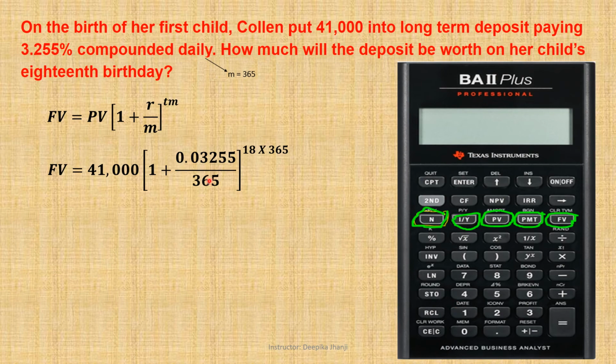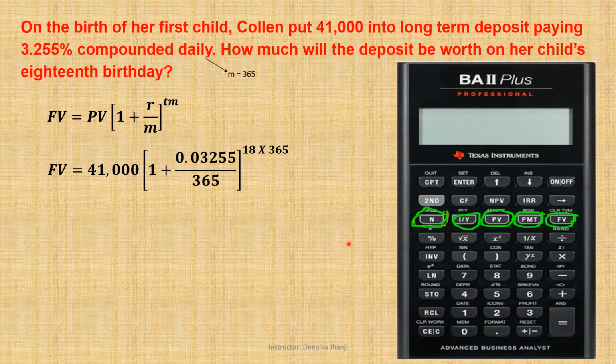Now next, 0.03255 divided by 365 plus 1, and then use the feature y raised to power x. When you press this, because you want to recall this product, you will use the RCL key. This is for recall. And what do you want to recall? Your stored value at 1. So you'll press recall 1. Your screen will display this product.